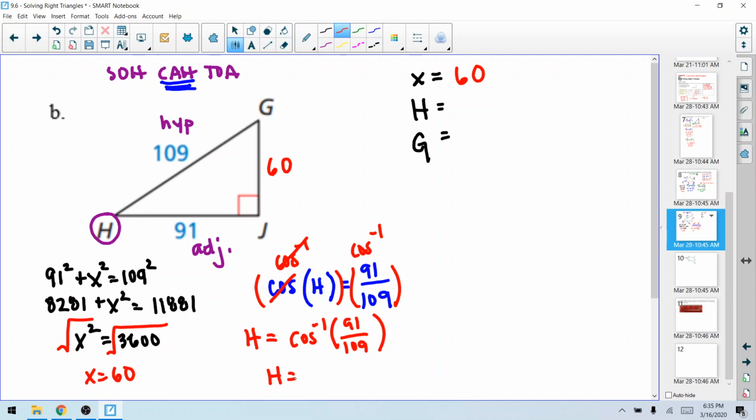And then grab your calculator. So inverse cosine, 91 divided by 109, control enter, 33.4.